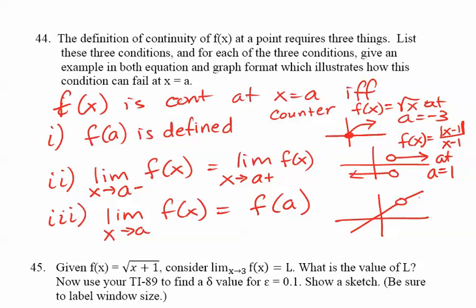So, for example, we could have a piecewise defined function. If this is the point 1, 2, and this is the point 1, 3, that would be an example where the limit exists at x equals 1, but it is not continuous because f of 1 would be 3, and the limit would be 2. So that could be a counterexample.